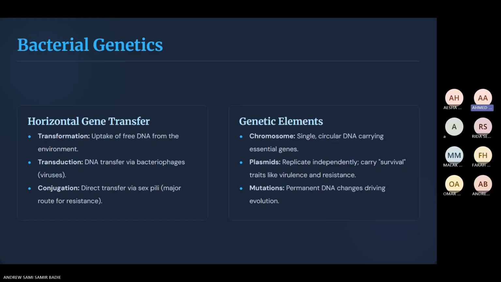Now, when we're talking about transduction, there is a virus that translocates the DNA from one bacteria to another. And when it comes to conjugation, it's just a direct transfer via the sex pili. This is one of the ways that bacteria can form resistance against antibiotics.